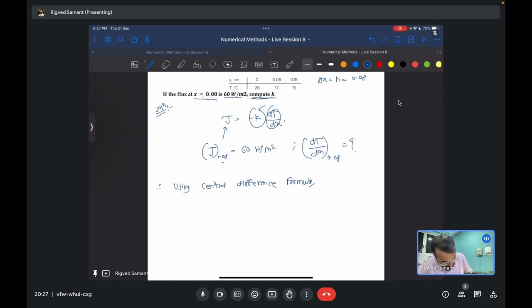Now what is central difference? We have to find T dash, which is dT by dx. That is T at x plus 1, or a better way, T at i plus 1 minus T at i, divided by delta x, right?